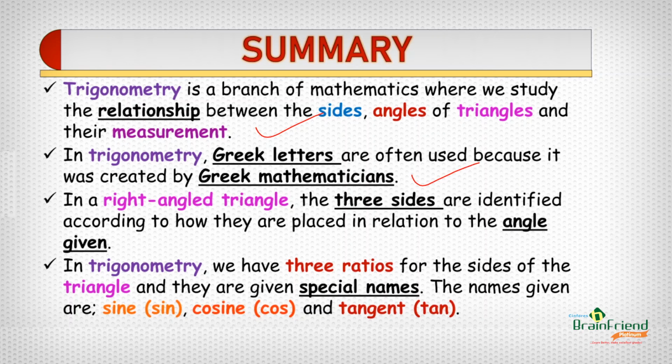We also learned that in a right angle triangle, the 3 sides are identified according to how they are placed in relation to the angle given. And finally, we learned that in trigonometry, we have 3 ratios for the sides of the triangle, and they are given special names. The names given are sine, cosine, and tangent.